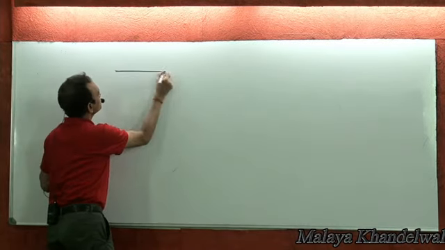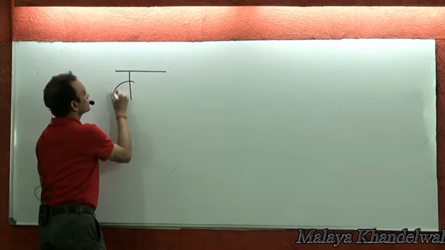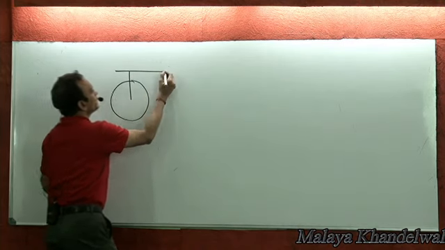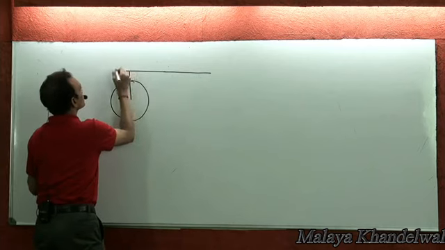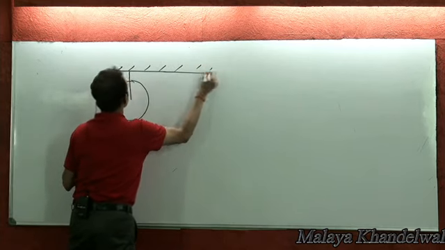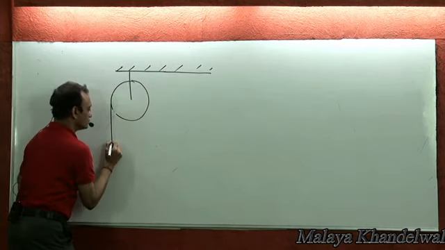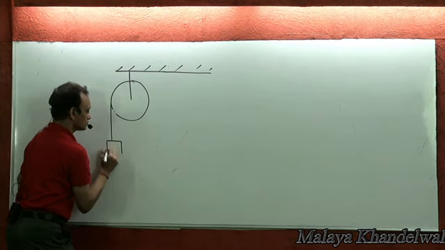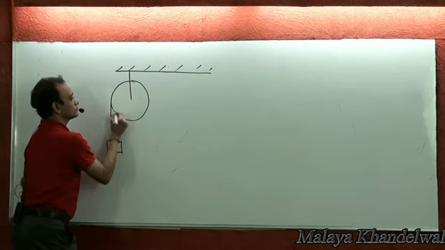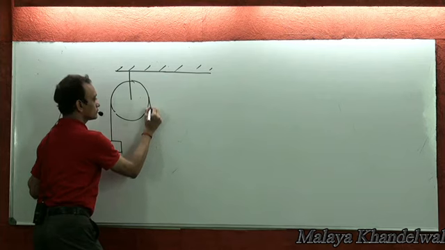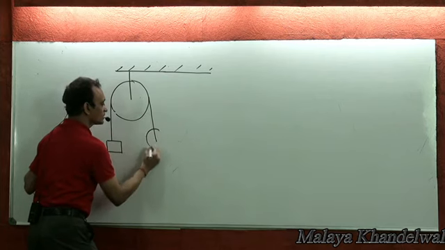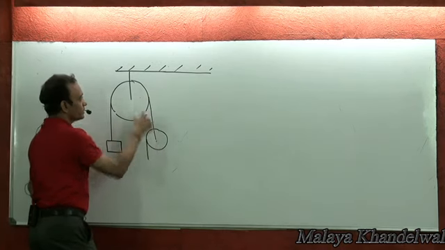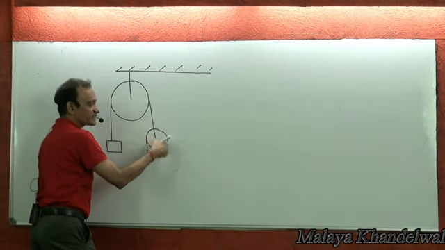Say there is a fixed pulley like this. This end of the string is connected to a movable pulley.